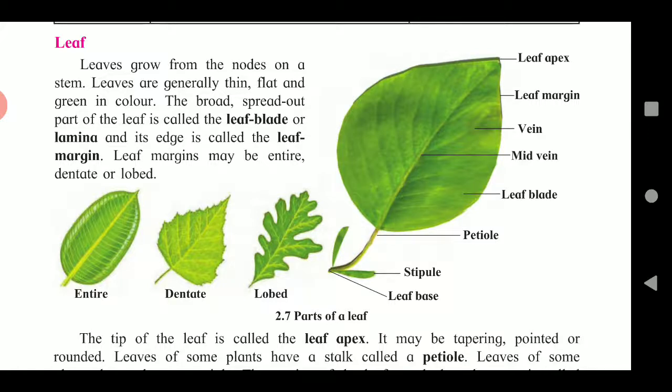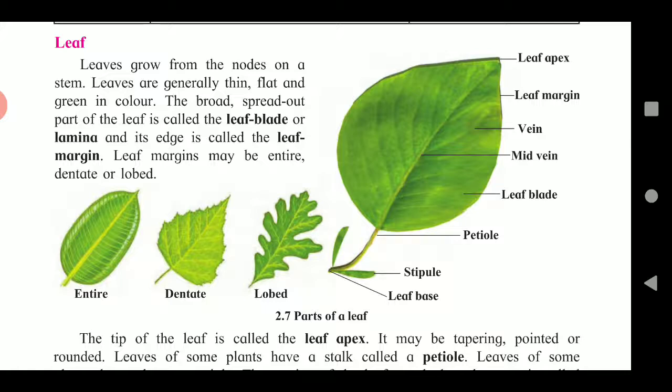See here, different kinds of leaves are also shown. Entire, dentate, lobed means that leaf margins are different. Then leaf apex.